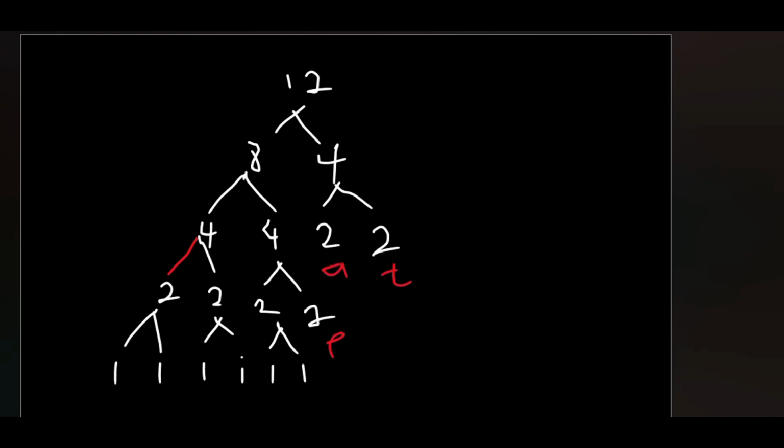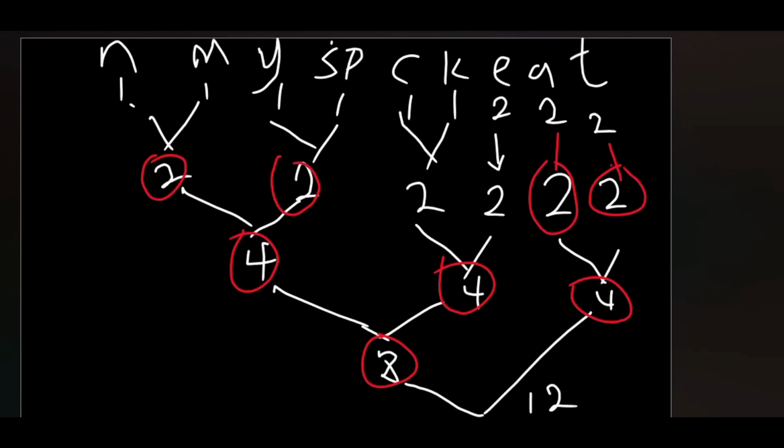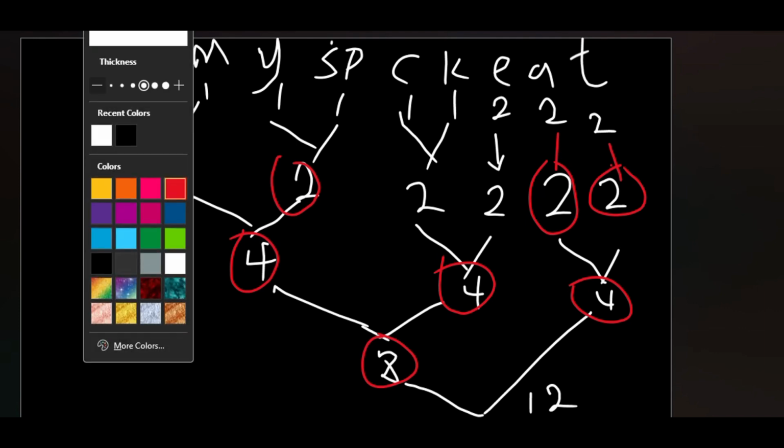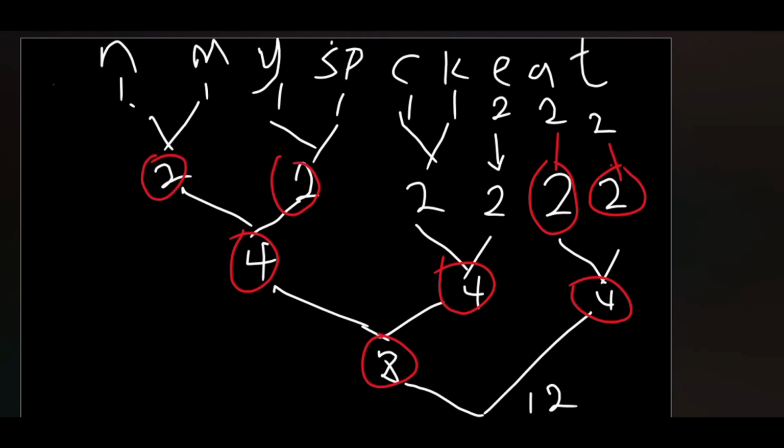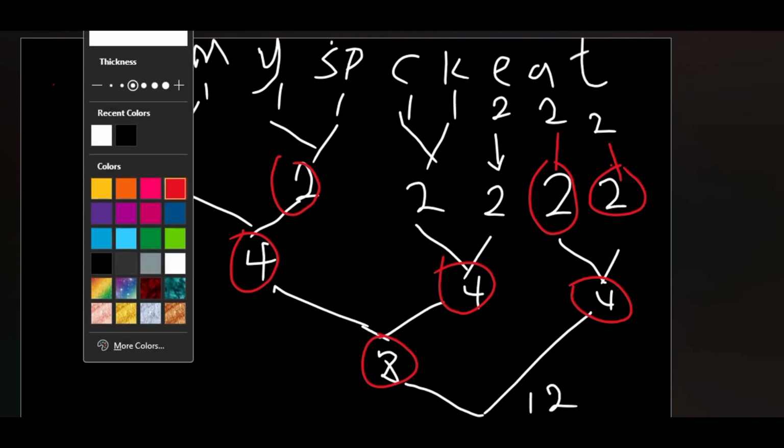Now we are assigning the letters to their frequencies. So we have N, M, Y, and then the other one there was the space, and then the other one there again was the C and then the K. So when you go back to the tree that we did, we realize that N is 1, M is 1, Y is 1, space is 1, C is 1, K is 1, and then the EAT, the frequencies appeared twice.